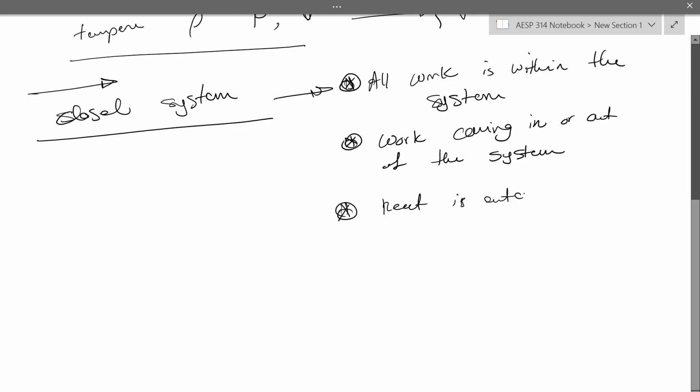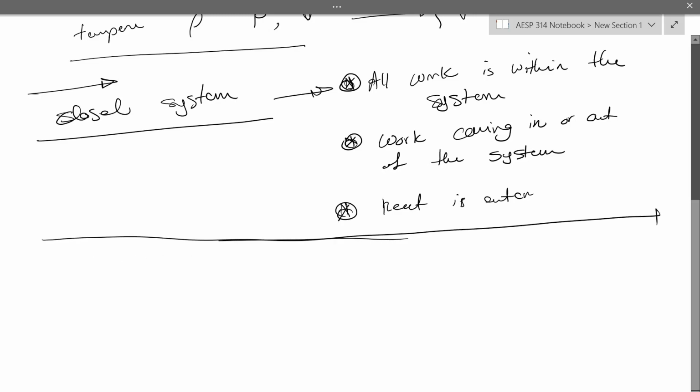What else? What is the one specific characteristic of a closed system? That's the first law, though, right? That is the biggest part of this closed system.